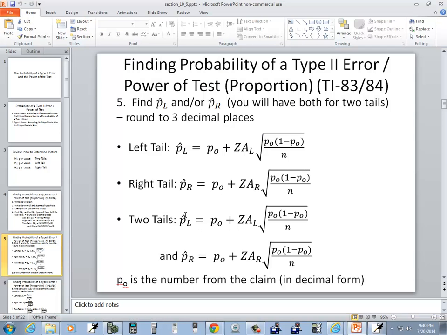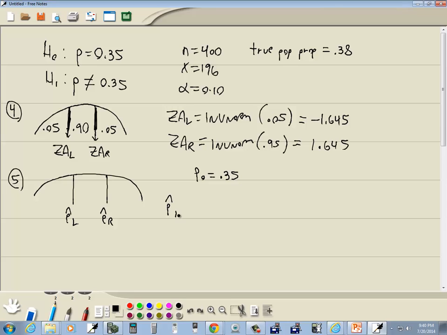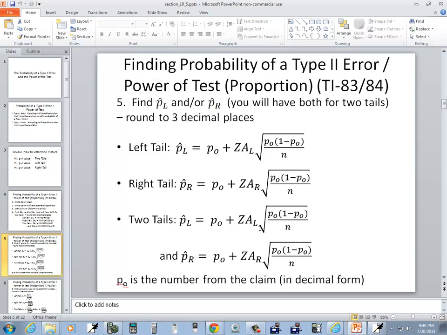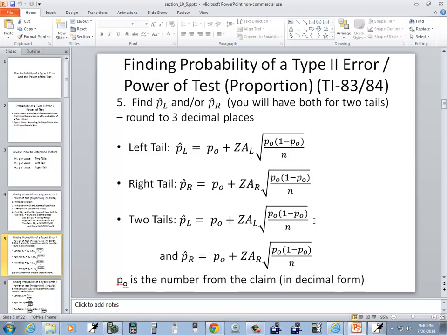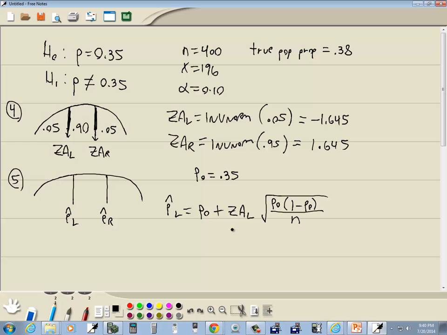Okay, let me write down these formulas. P hat sub L is equal to P naught plus ZA sub L square root of P naught times 1 minus P naught all over N. So P naught was 0.35.